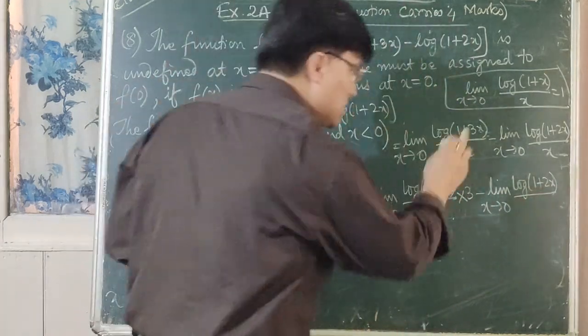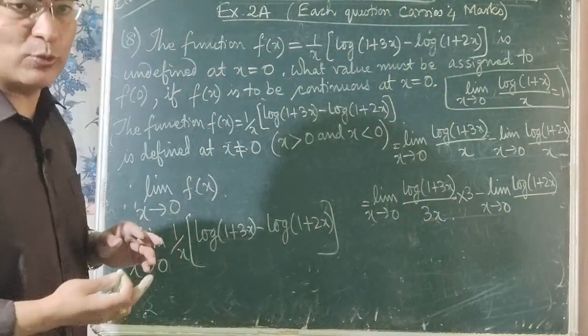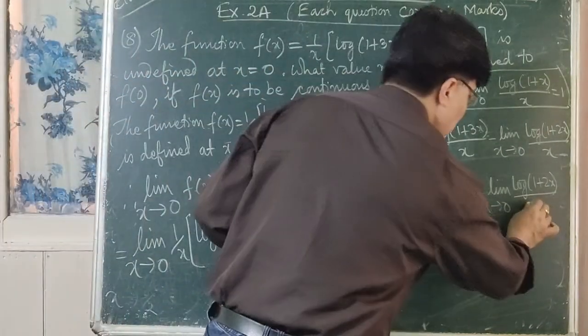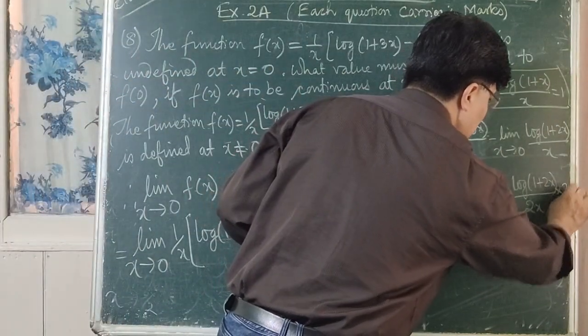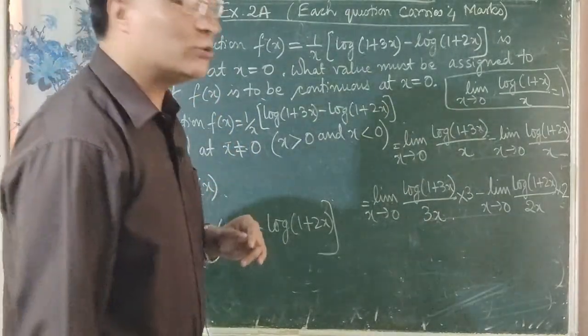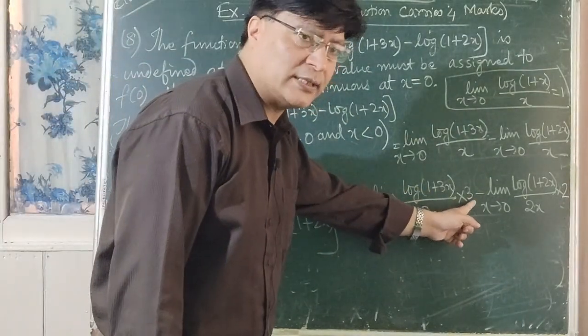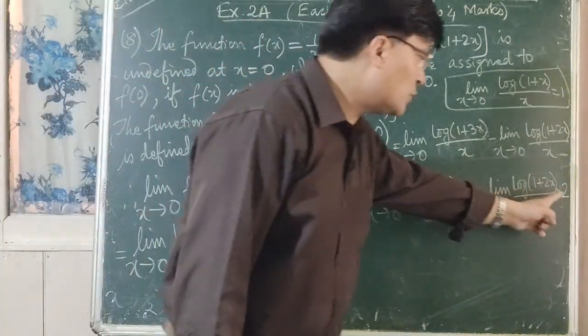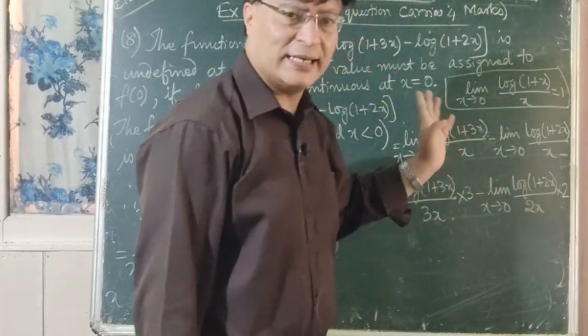divided by, this x should also be multiplied by 2 to convert it into a standard form. So it is 2x into 2. Is that clear? Now what will you do here? That is into 3. 3 is constant, take it outside the limit. This 2 is also constant, take it outside this second limit.